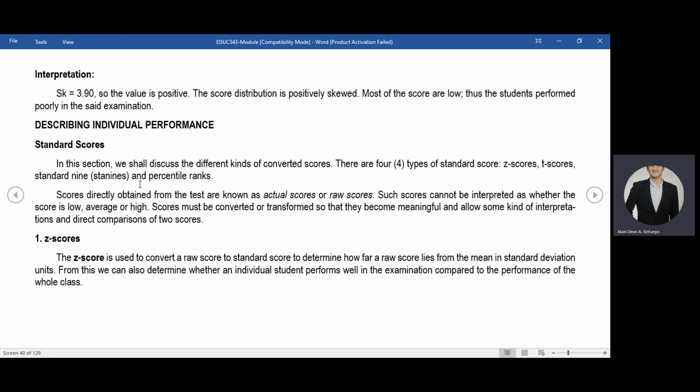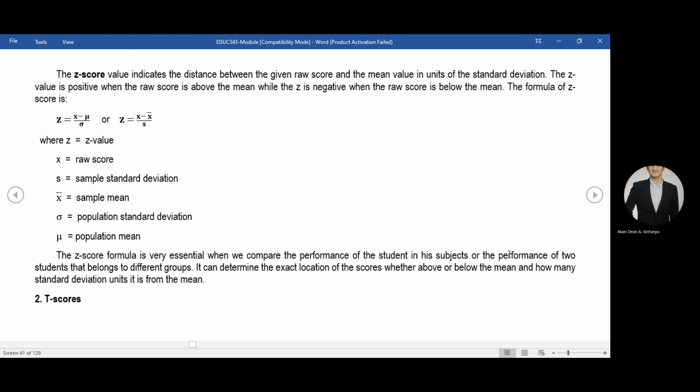When you say Z-score, it is used to convert a raw score to a standard score to determine how far a raw score lies from the mean in standard deviation units. From this, we can also determine whether an individual student performs well in the examination compared to the performance of the whole class. We have the formula there for the population and the sample.